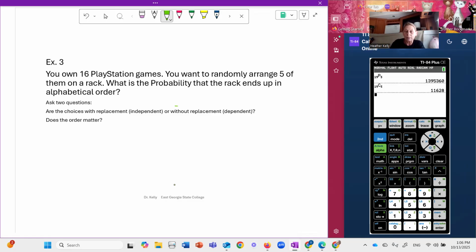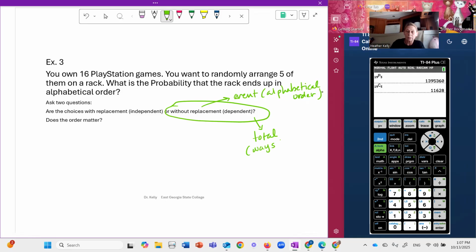And all of this is without replacement. The event, which is the alphabetical order, and the total, which is the ways to choose 5. Those are the two things, and they're both without replacement.